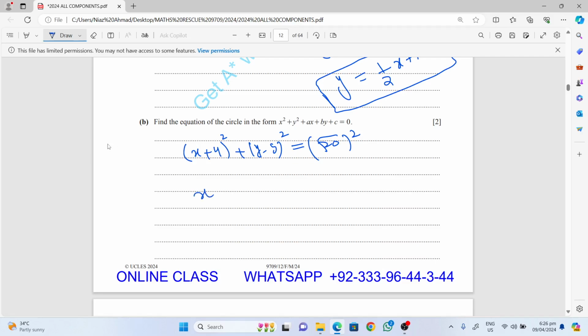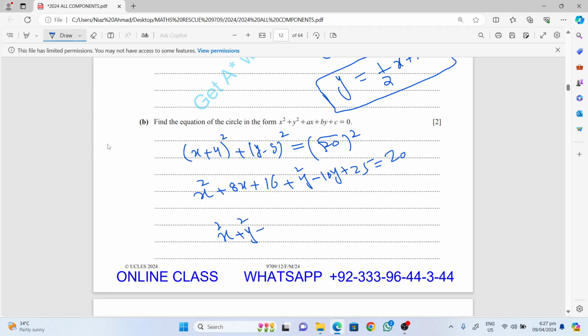Expand this bracket, so it will be like x square plus 8x plus 16 plus, expand this bracket as well, y square minus 10y plus 25 equals 20.